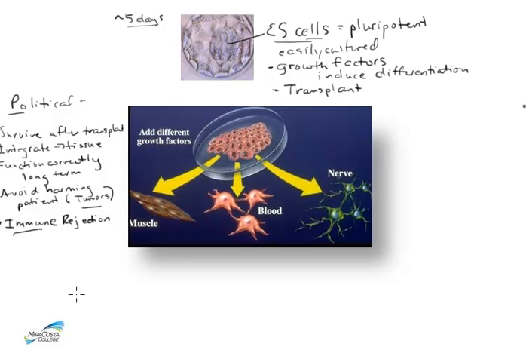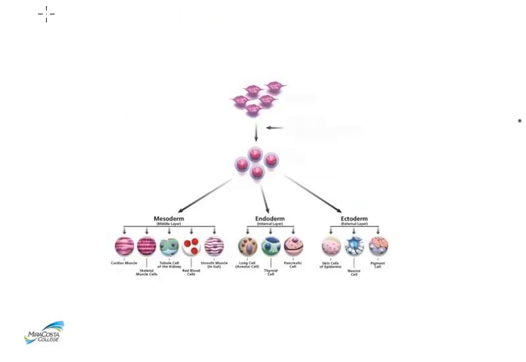A recent avenue of research that's been pursued attempts to overcome both this potential problem, immune rejection, and this potential problem, the political ramifications of embryonic stem cell research and therapeutics. And this strategy relies on the use of what are called induced pluripotent stem cells.